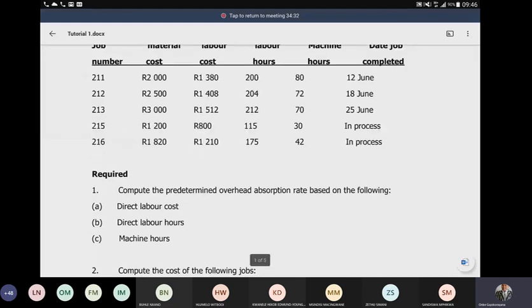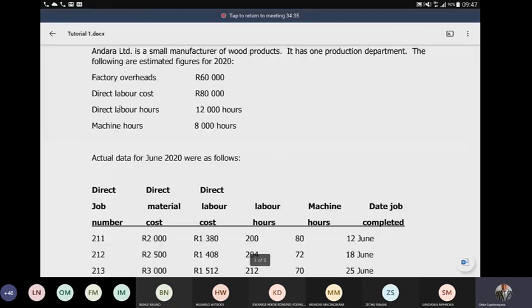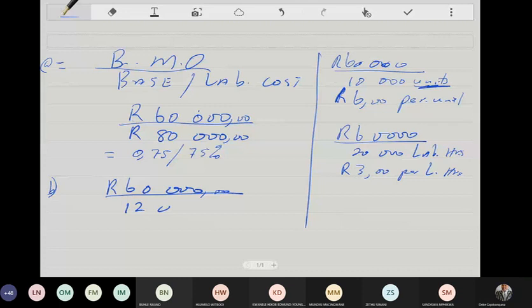We go to our information, our labor hours: we've got 12,000 hours. You're supposed to know the answer because we've already mentioned it in the example. It's going to be 60,000 divided by 12,000 hours, which gives us 5 rand per labor hour. That will be your answer.